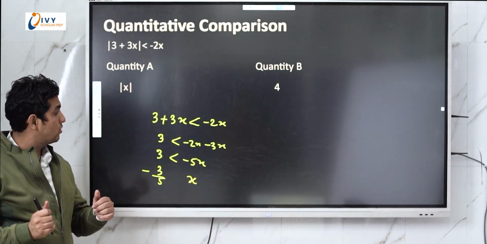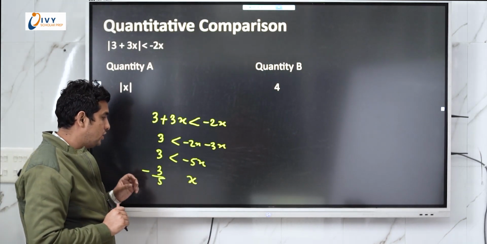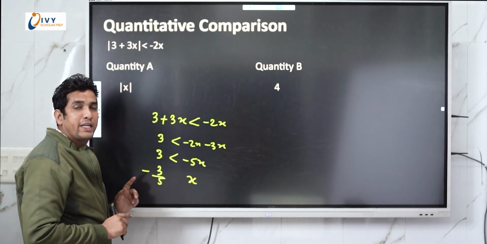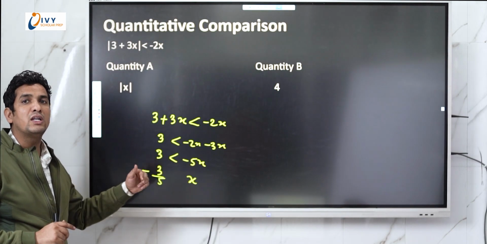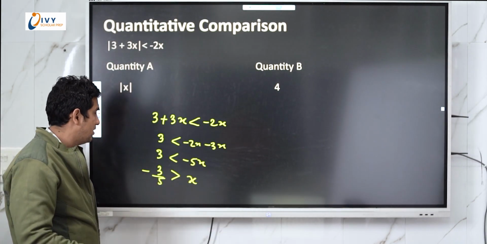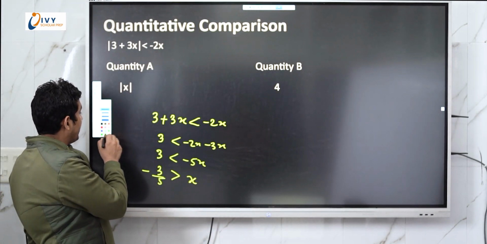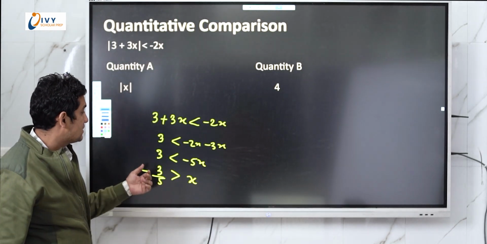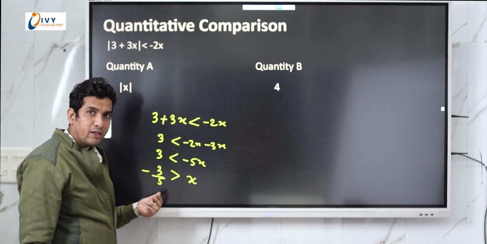I hope most of you know that whenever you divide or multiply an inequality by a negative number, the inequality sign will always flip. So this sign will flip. So what are we saying here? The x is actually less than minus 3 by 5.